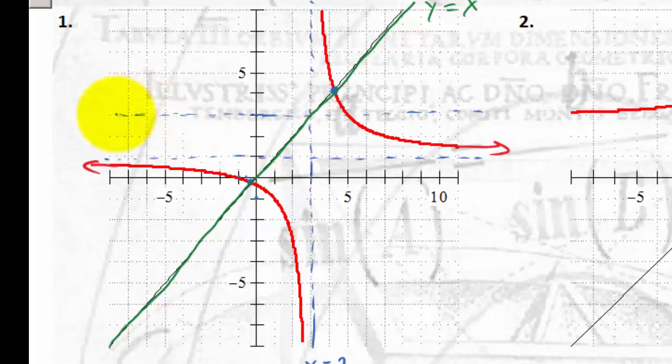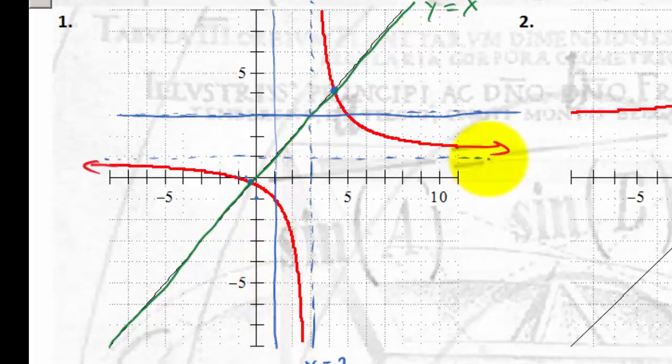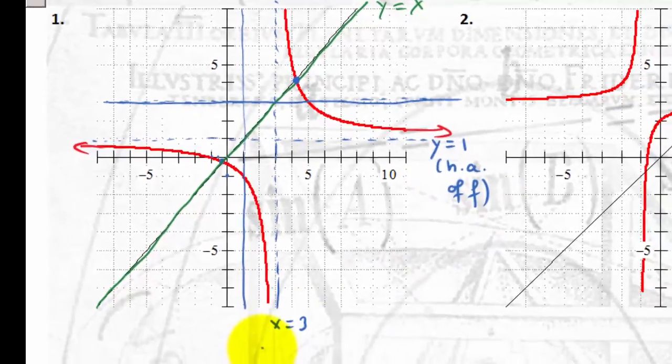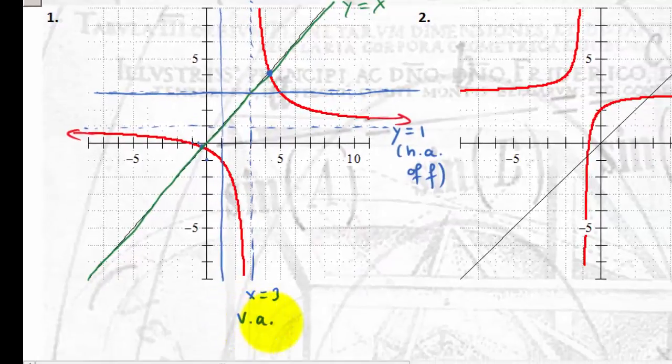So I have this line as a horizontal asymptote on my inverse, and x equals 1 as a vertical asymptote of my inverse. Why x equals 1? Because it comes from y equals 1, which is a horizontal asymptote of f, right? And x equals 3 is a vertical asymptote of f.